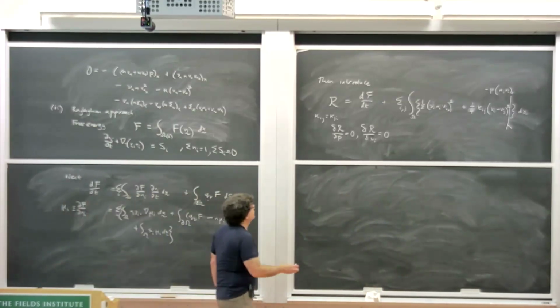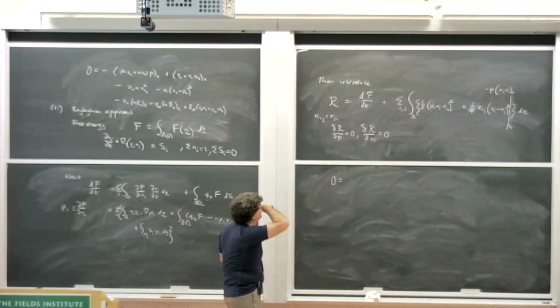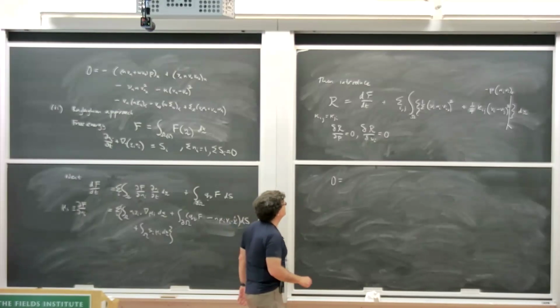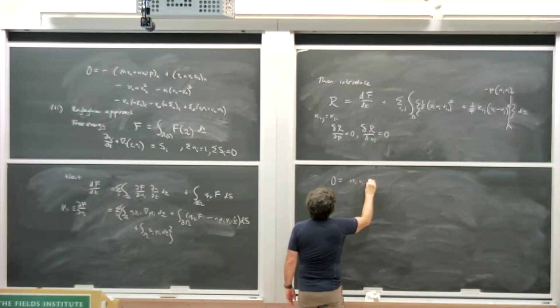Okay, so the variational derivative is zero. If I start with the final term, dR by dp is something I've already alluded to. It's the overall conservation of mass. I won't write that down again. dR by dv_i, I'll start with the pressure term. So that's n_i dp by dx.